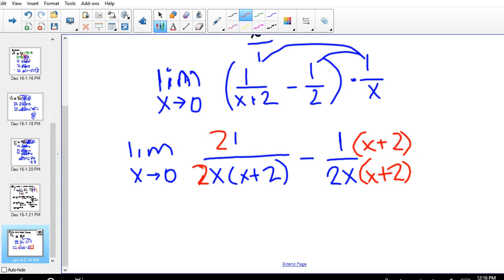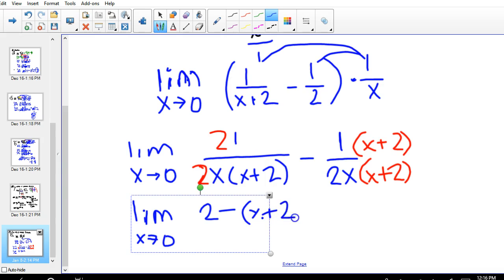You could have done the common denominator first. It's just whichever one you choose. So that will give us the limit as x approaches 0 of 2 minus x plus 2 over 2x times x plus 2.